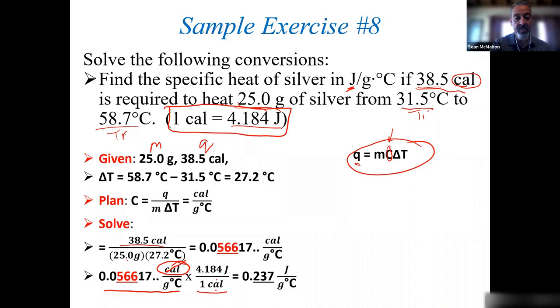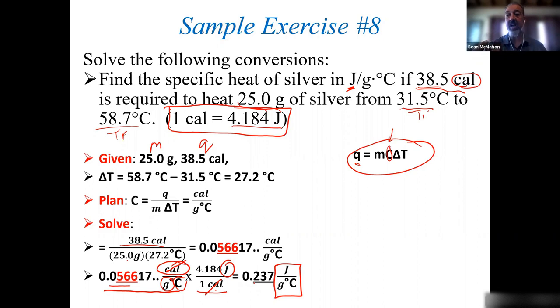The unit of calories cancels, and I'm left with joules per gram degree Celsius for my unit. When I take this number and divide it by 4.184, I get 0.237 joules per gram degree Celsius, which is about what we were seeing in that prior slide, okay? So it's a much smaller specific heat than water, which would be 4.184 joules per gram degree Celsius.